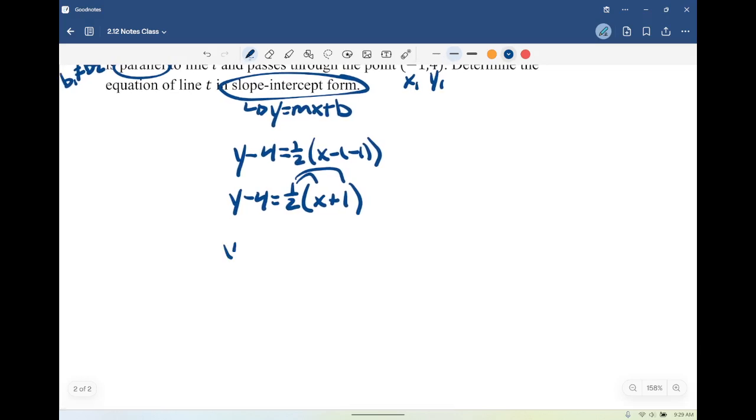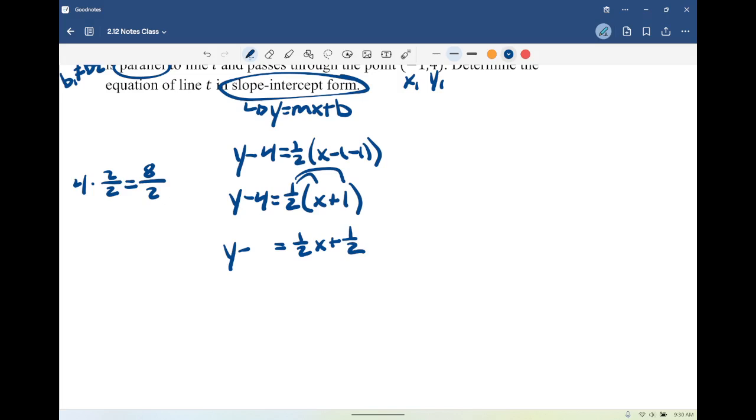So I'm gonna have y minus, hang on a second. I know that this is 4, but if I look at my other side, I'm actually gonna have 1/2 x plus 1/2. Now, because of that, I know that when I move this value over, it needs to have a denominator of 2 in order for this to work. So I'm gonna get ahead of this: 4 times 2 over 2 is really going to give me 8 over 2.